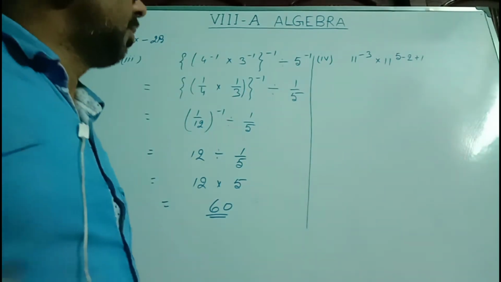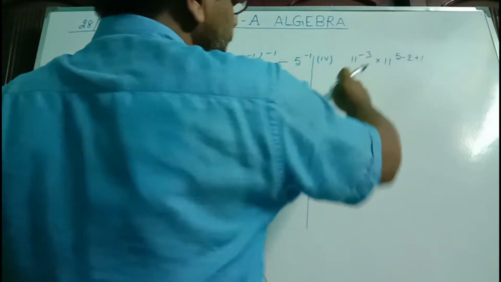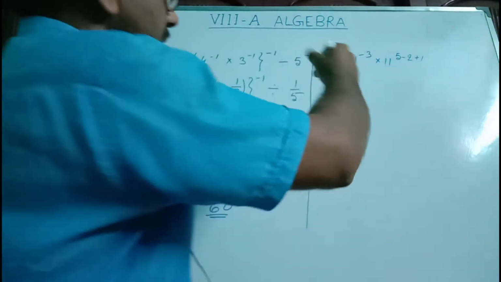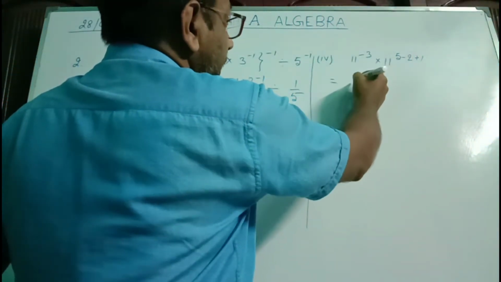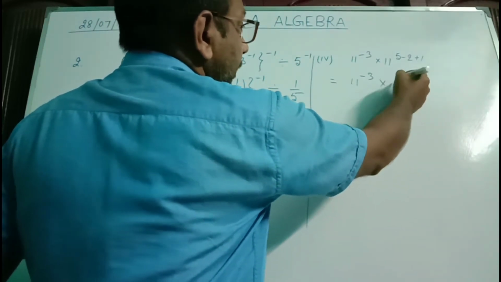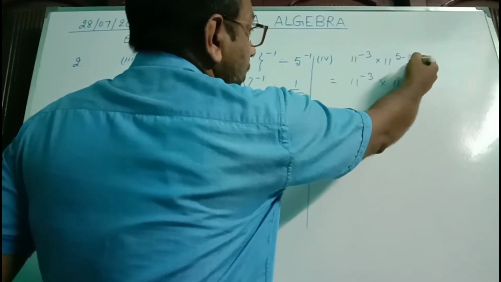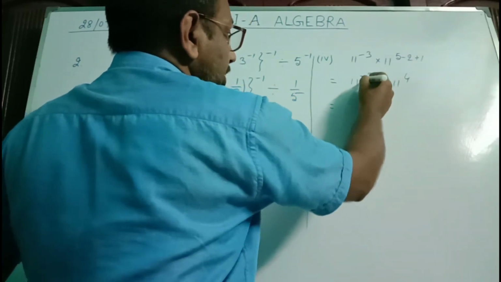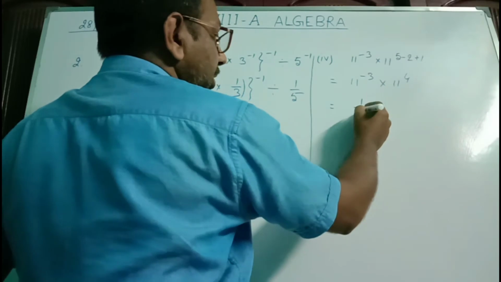In Roman number 4, the question is 11 to the power minus 3 into 11 to the power 5 minus 2 plus 1. So for that, in the next step, we simplify the power: 11 to the power minus 3 into 11 to the power 5 minus 2, that is 3, plus 1, 4. So to change this into the positive index, we will write the reciprocal of this.